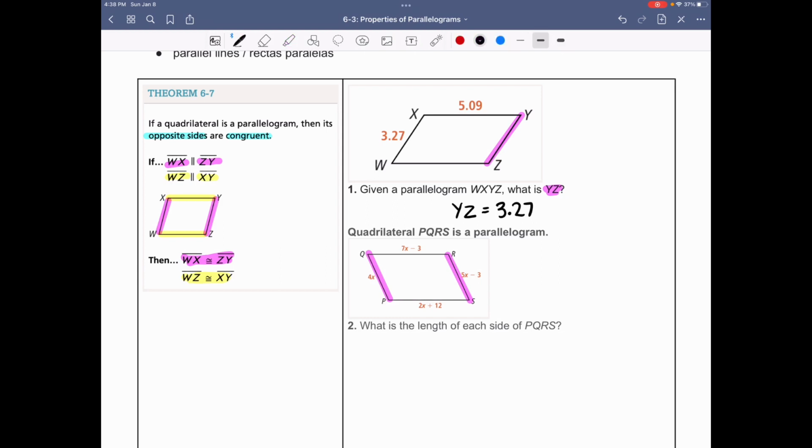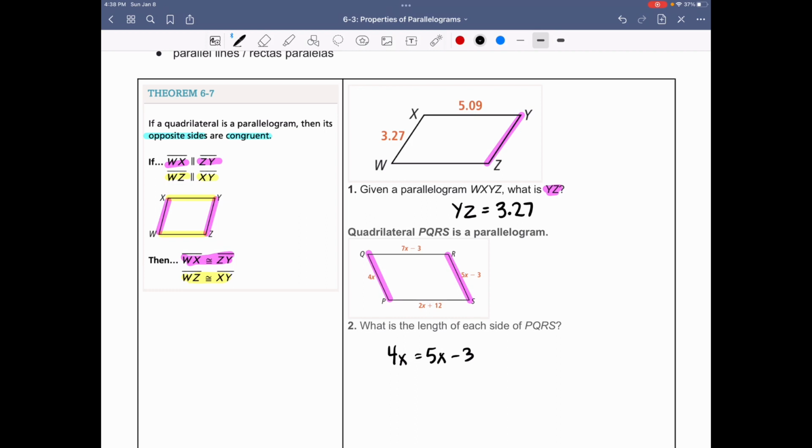We'll write it as 4x equals 5x minus 3. So now I have to solve for x. And once I solve for x, I can just plug x into any of those x's above in the parallelogram to figure out the sides.